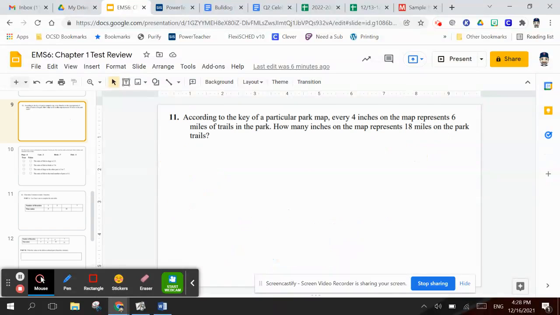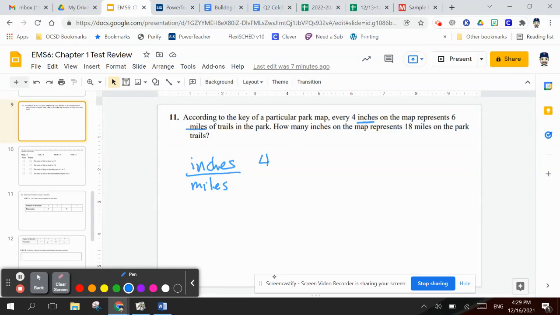Number 9 says, according to a key of a particular park map, every 4 inches on the map represents 6 miles on the park. How many inches on the map represent 18 miles on the park? So when I look through, I'm comparing inches to miles. It says for every 4 inches is 6 miles. How many inches on the map would 18 miles be? So here's miles.